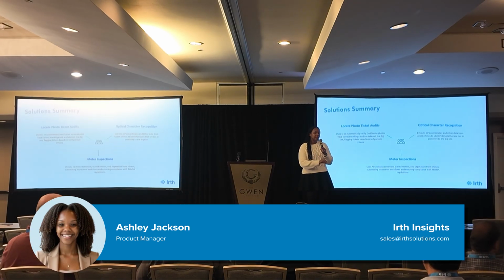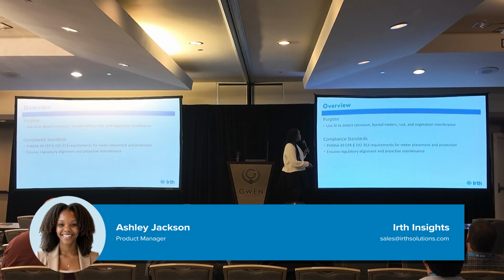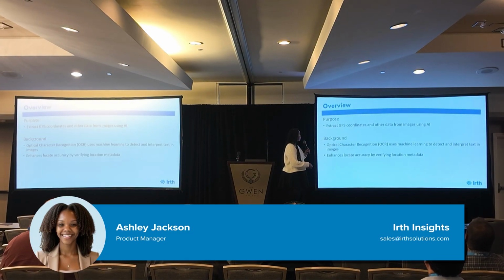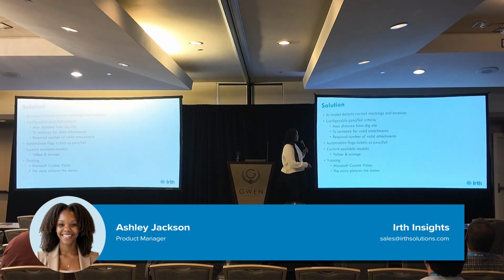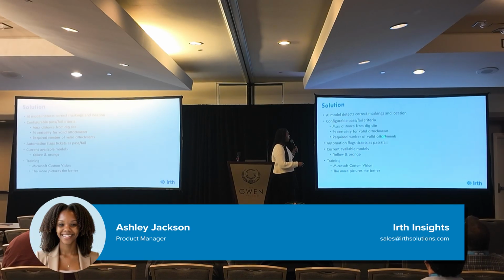One thing I will say with that is that the system itself detects the pass or fail. Let me take a step back here, because I noted it in one of the slides. There is a requirement of number of valid attachments. So even if they do provide the invalid one and it's detected by the system, it still has to meet the valid attachment threshold.